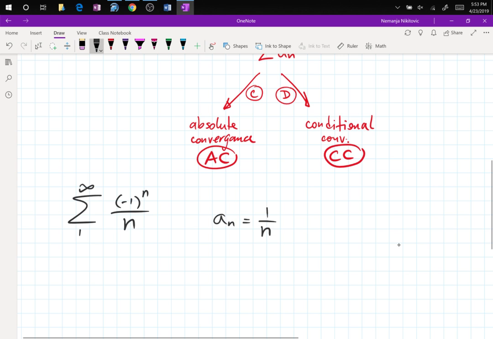So you take the negative 1 to the n away, and the leftover is an. Now remember the 2 conditions. One condition is that your an has to be decreasing, and your other condition is that the limit has to be 0. If both of those conditions hold, you are on a convergence branch.